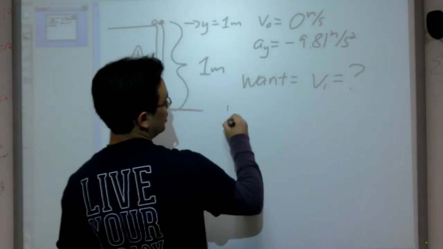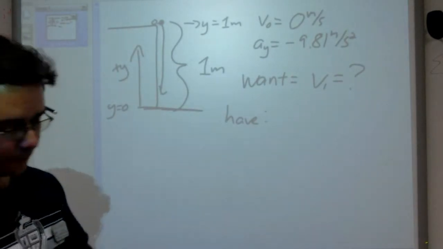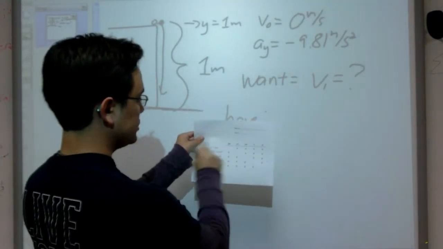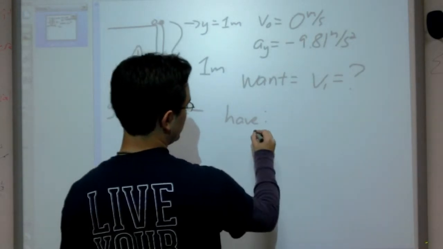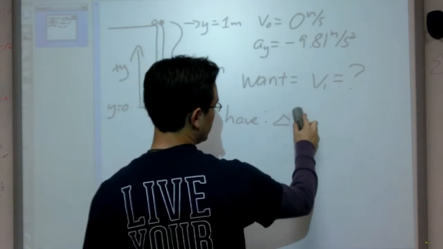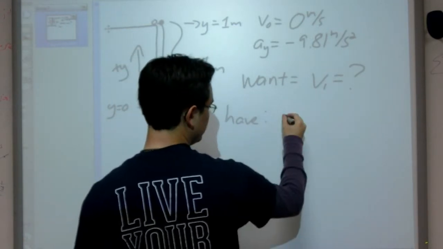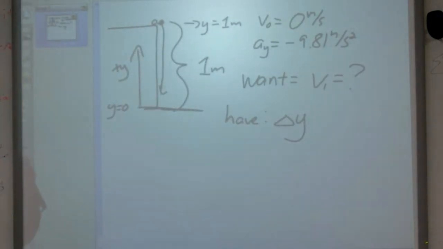Okay. What do we have? Well, looking across our chart at our variables, we have delta x, which in this case is delta y. Do we know our displacement? Actually, let me erase that. I said one thing and then drew the other. Delta y. Do we have that?